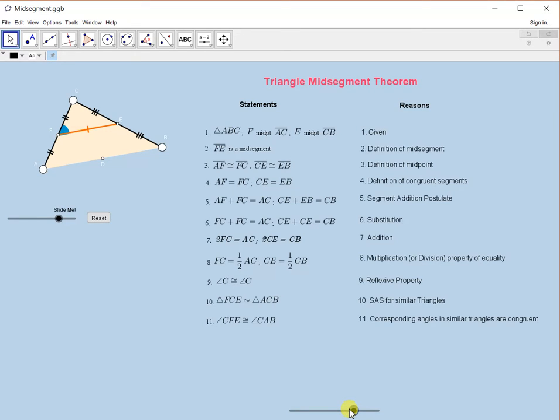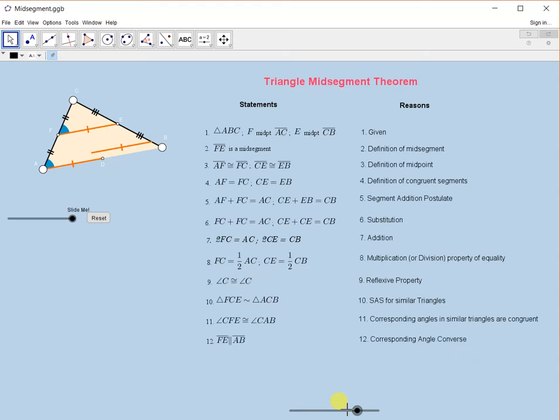This then shows that the angle CFE is congruent to the angle CAB by the corresponding angles in similar triangles are congruent. And if we look at the picture on the left, we can see that the angles are going to be corresponding, since we just slide that upper angle all the way at the bottom and it makes a perfect match.